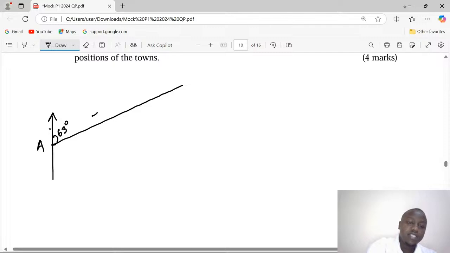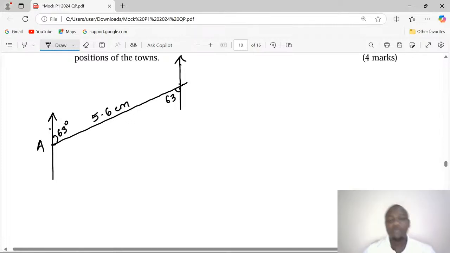Then the distance, instead of 84 now, 5.6 according to the scale. Then once we make the mark there, you're supposed to have another compass. For you to have a compass there which is parallel to the original one, you have to draw another 63 at this point so that the compasses are very parallel to one another. This will be our point B.